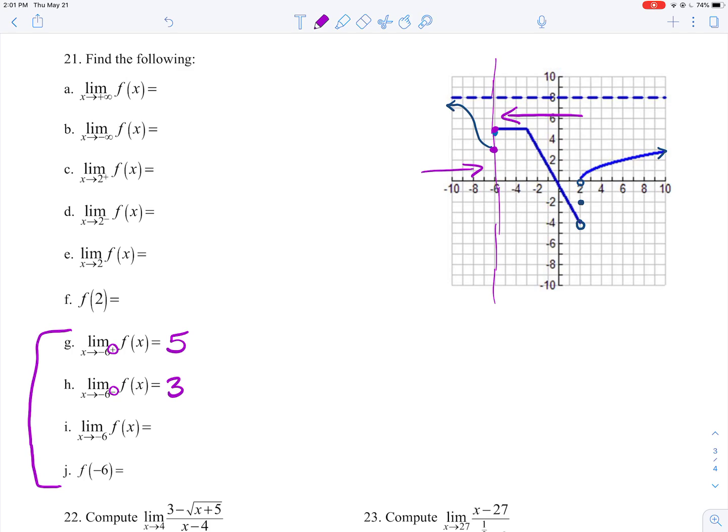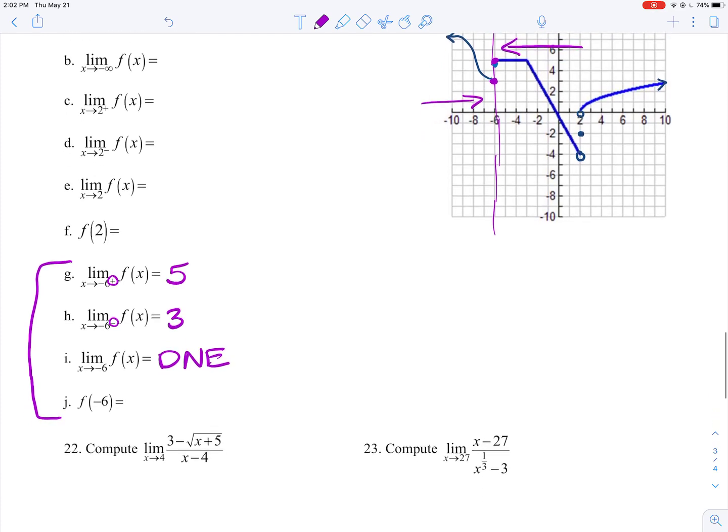Because our limit as we approach from the right and from the left are not the same, the limit as x just approaches -6 does not exist. And just to remind you also, the function when we evaluate at x equals -6 isn't always going to be the same as our limit.